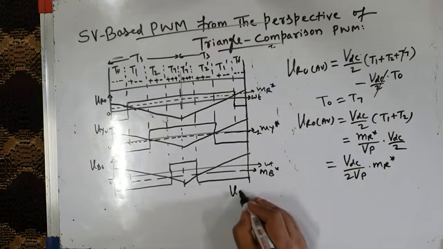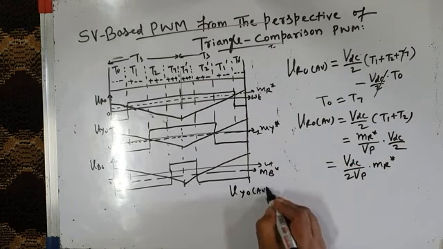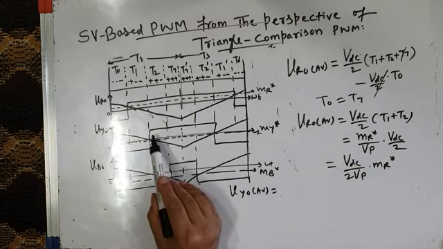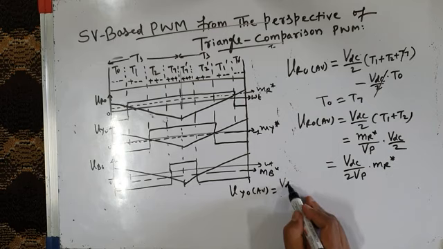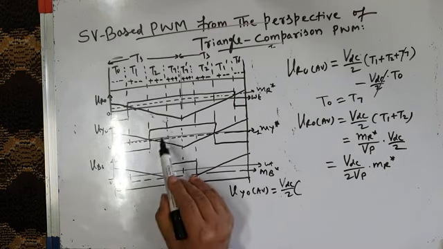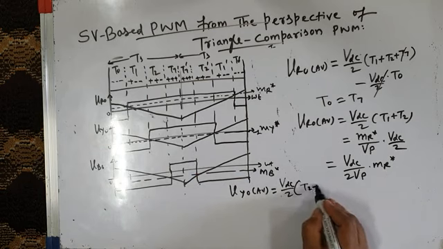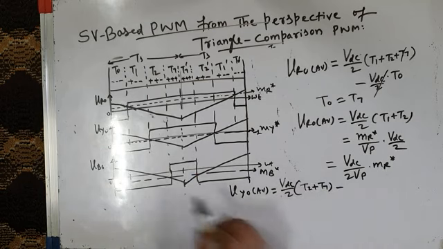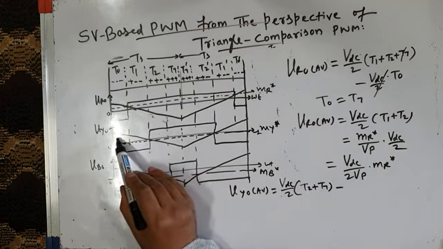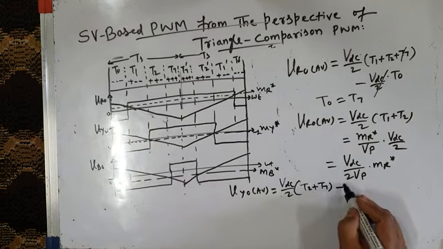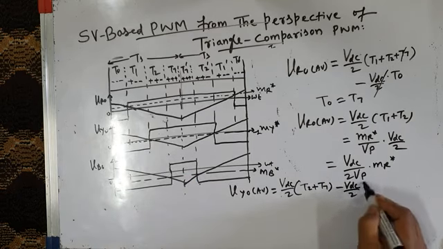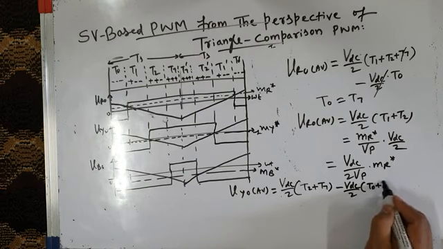What about VYO, the average pole voltage? Now you can see VYO is positive, equal to plus VDC by 2, in one subcycle for time interval T2 plus T7, and it is minus VDC by 2 for time interval T0 and T1. Minus VDC by 2 into T0 plus T1.